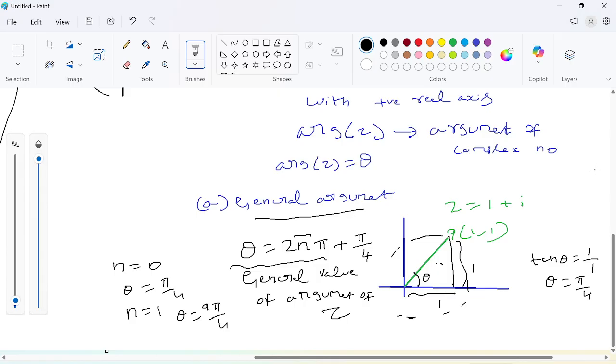So the general argument will be 2n pi plus theta, where n belongs to integers.